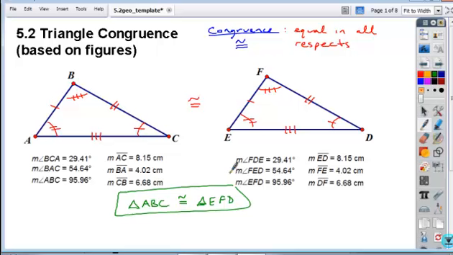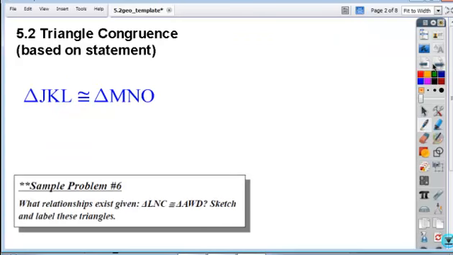Now, you can identify congruence of triangles either by finding the pieces that match up or by being given the statement itself. If you start with a given statement, the way that you can identify the corresponding pieces that are equal to each other is to base it strictly on the orientation of the statement.